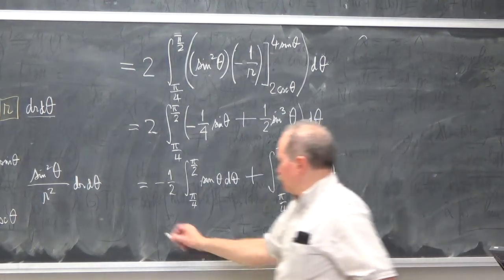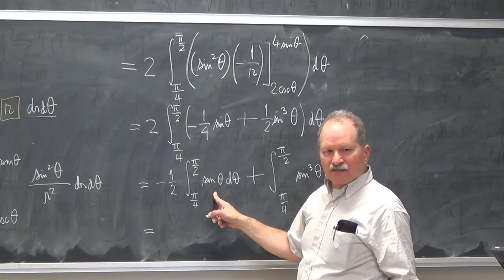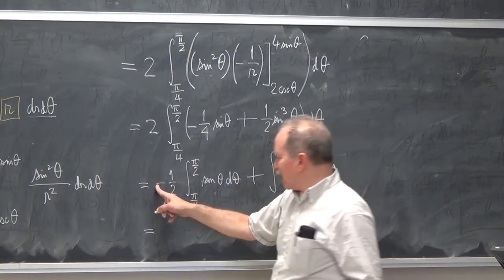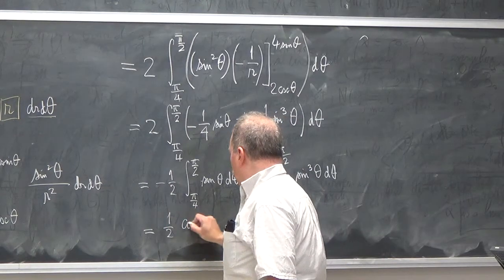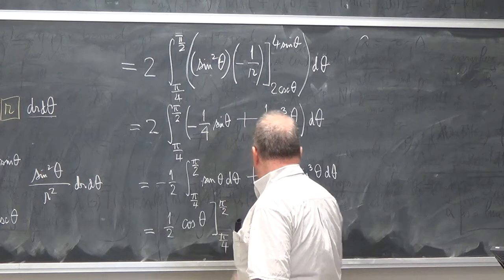So what's the integral of sine? Negative cosine, which nicely gets rid of the negative. So I have 1/2 cosine theta from pi over 4 to pi over 2.